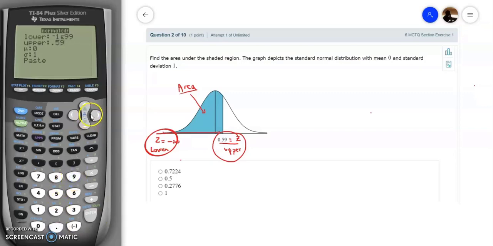Now it's asking about the mean and standard deviation. Keep in mind this is valid for any mean and any standard deviation, but in our case the mean is 0 and the standard deviation is 1. Every time we have mu equals 0 and sigma equals 1, this is the standard normal distribution.